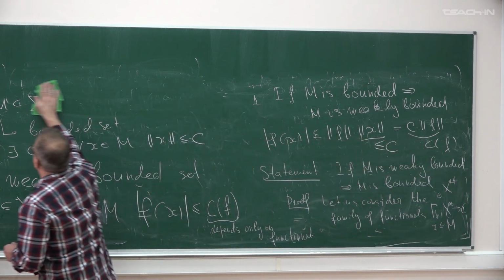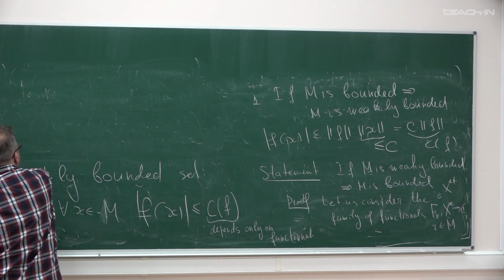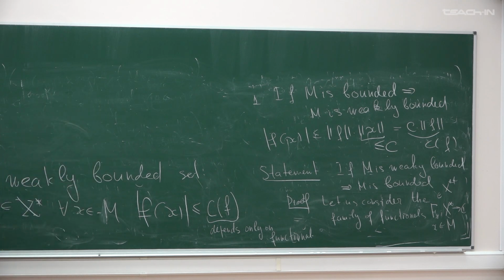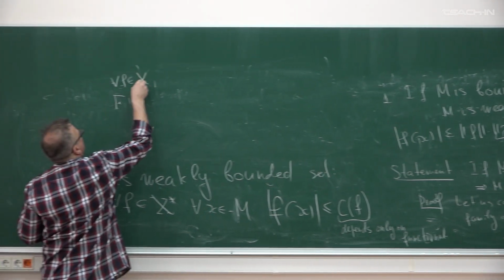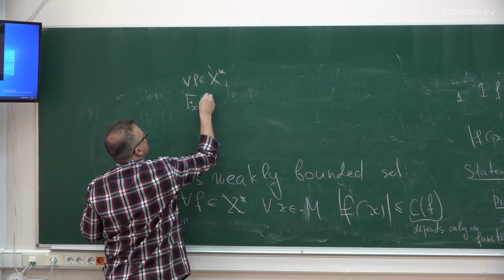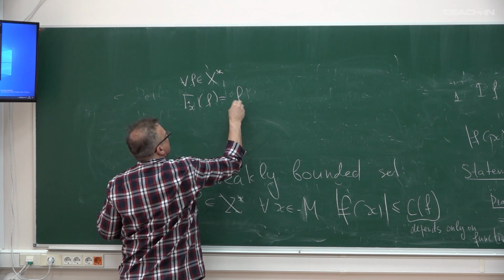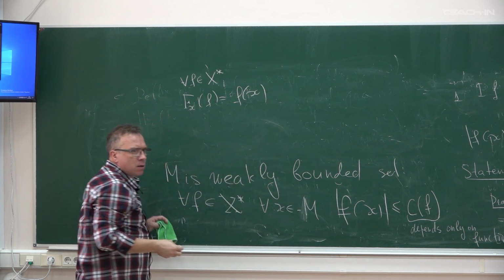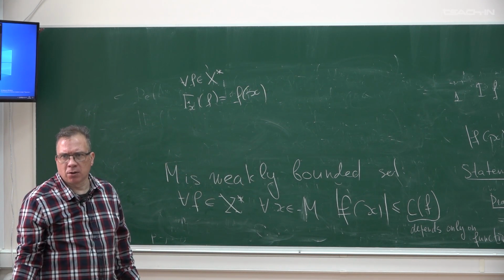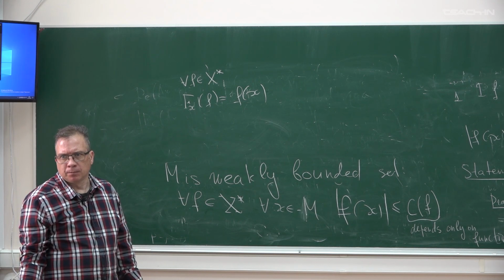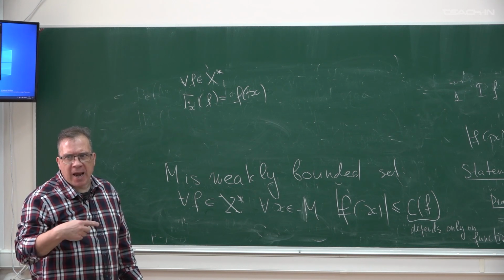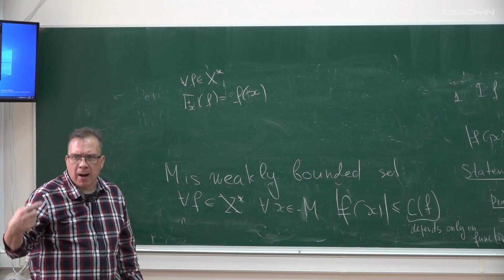How do we define each member of this family? For any f from X star, f sub x of f is defined as the canonical embedding. But here we consider not any x, but only x from M.